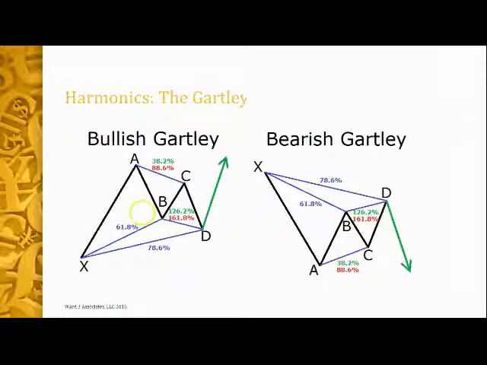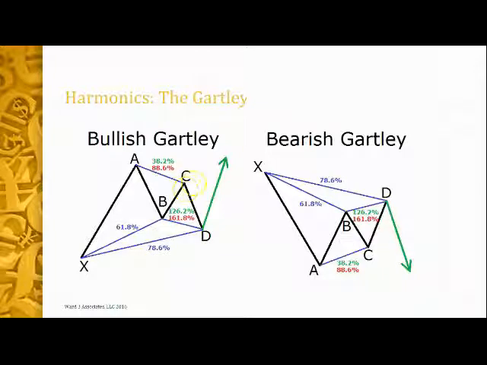Excuse me. The B leg ends at 618 fib ratio of the XA. Okay? The D should end at the 786 ratio of the XA, met with the extension point of either the 1.27 or the 1.618 of the BC.